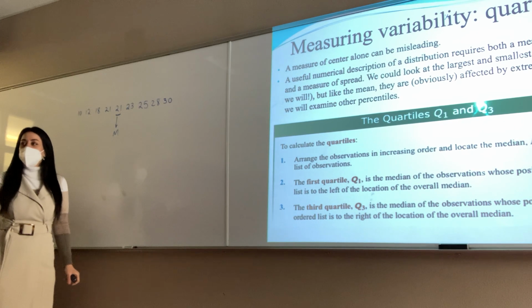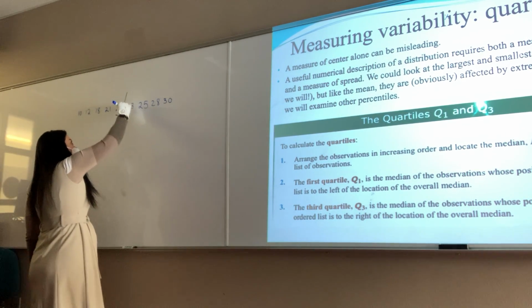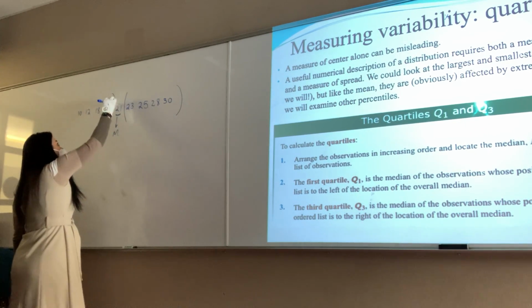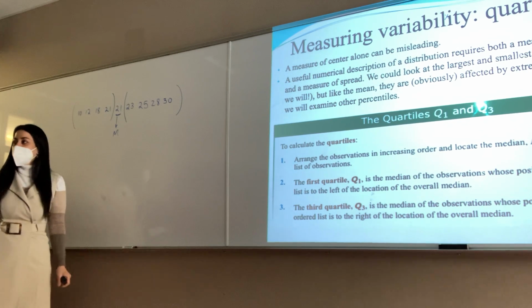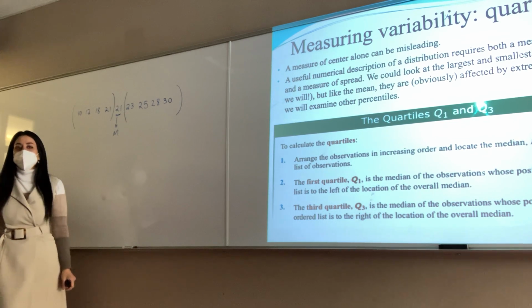So first step, organize the data. Second step, find the midpoint. The third step, make a data set above the median and make a data set below the median. This is very, very easy.